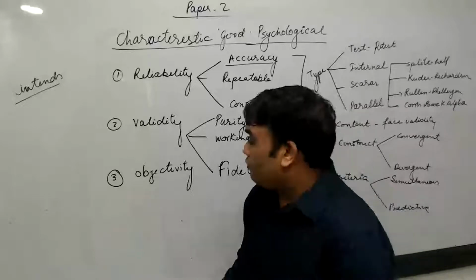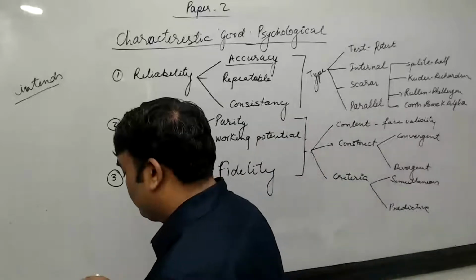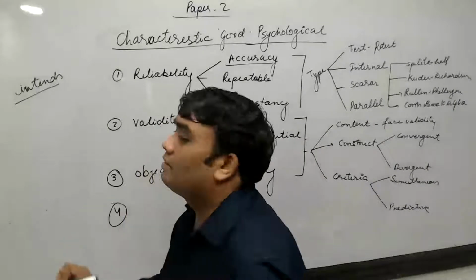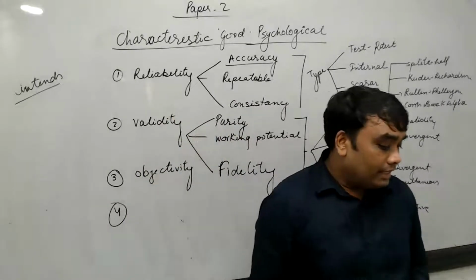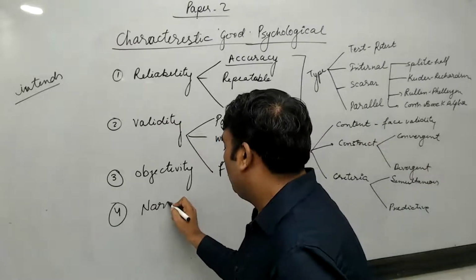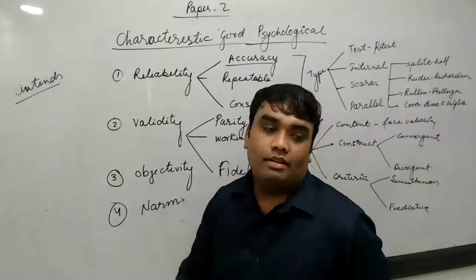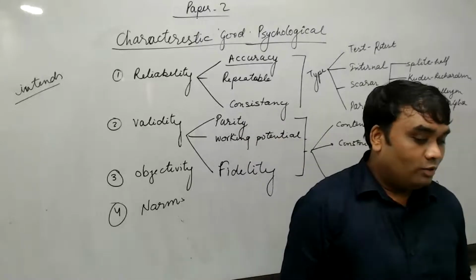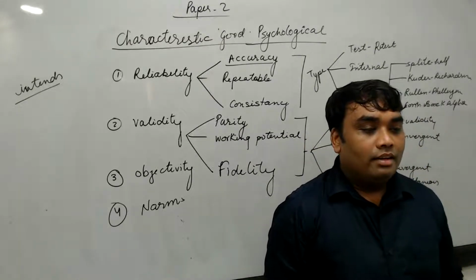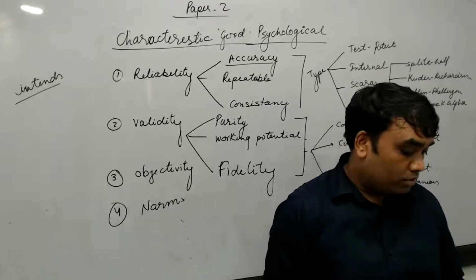Then next is the fourth criteria for making a good test, not characteristics of a good test. That is norms. Tests have what? Norms.